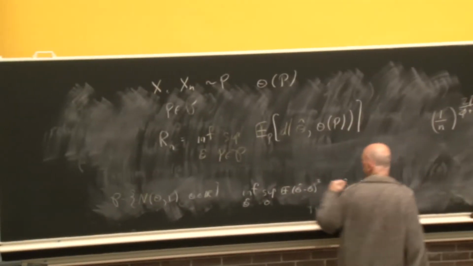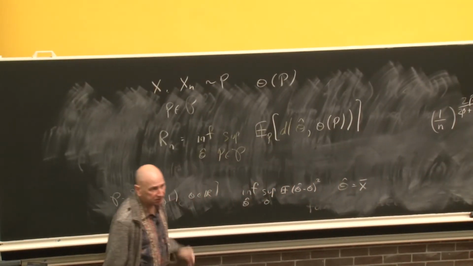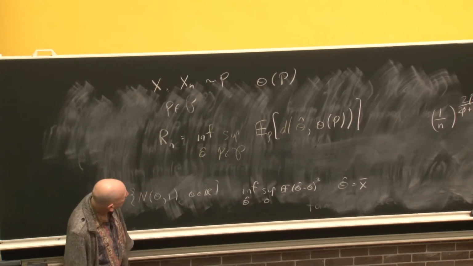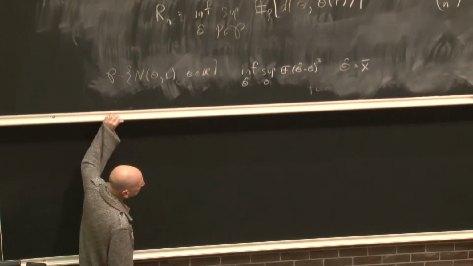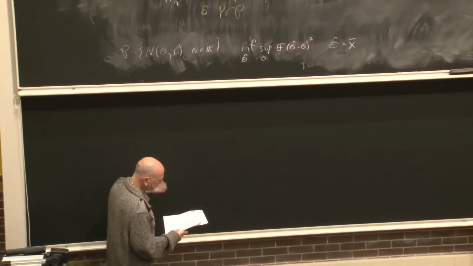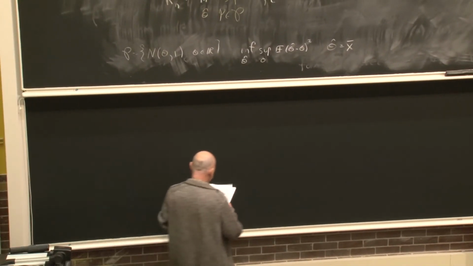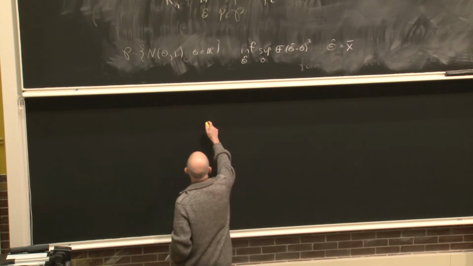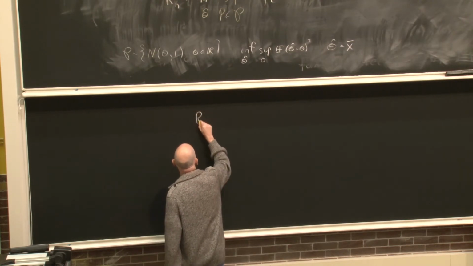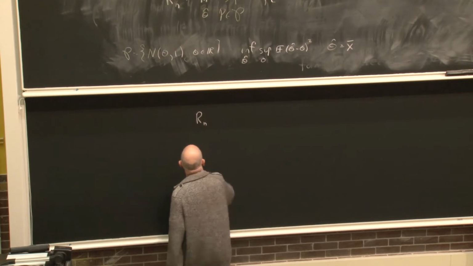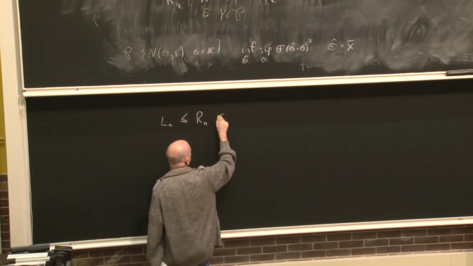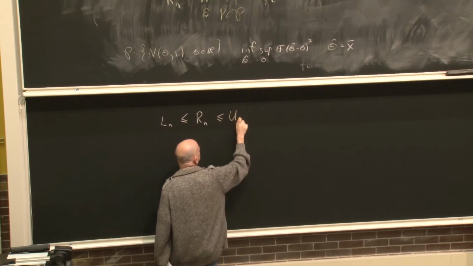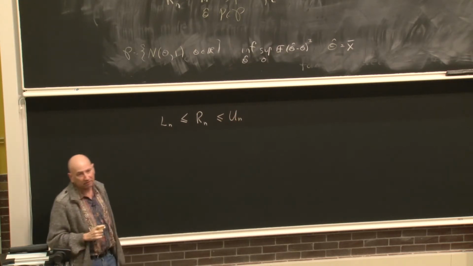Okay, so the question is, how do we compute this guy in general? So first of all, the strategy gets broken down into two things. Almost always, you break the job into two pieces, finding an upper bound and a lower bound.